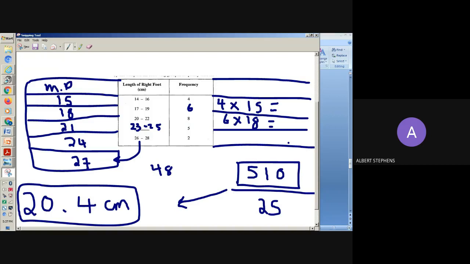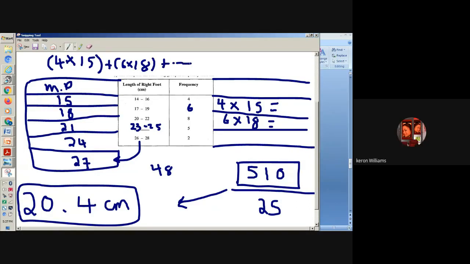So on your calculator, you say open bracket, 4 times 15, plus open bracket 6 times 18.